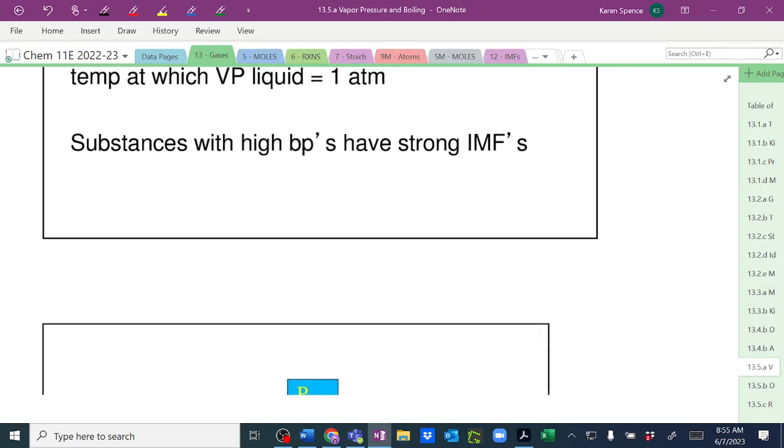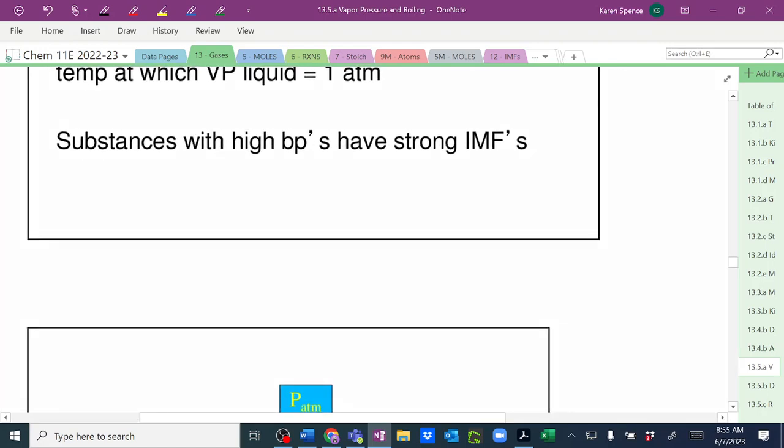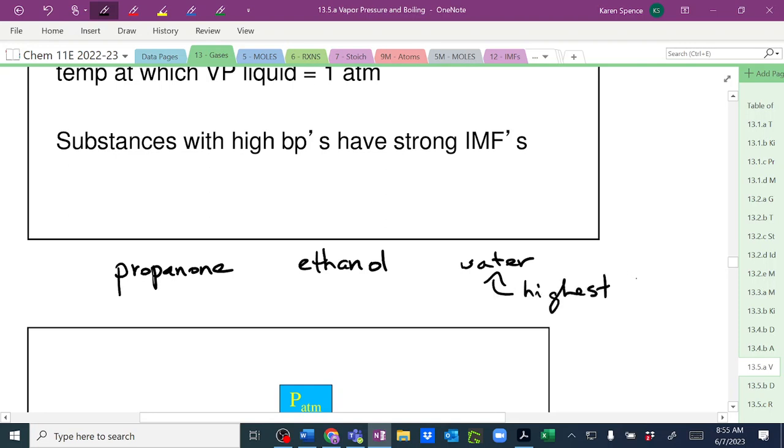So we could use that same logic from propanone, ethanol, water. Which one would have the highest boiling point? Water, because it has the strongest IMFs.